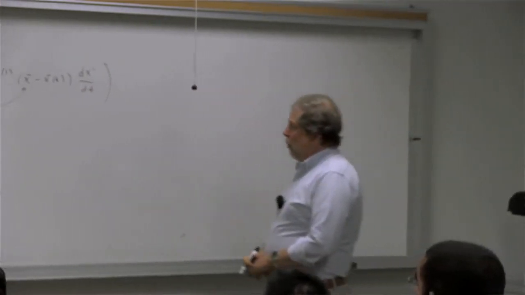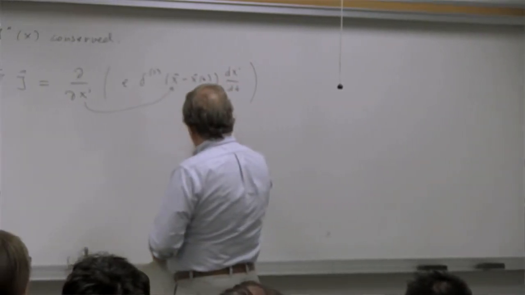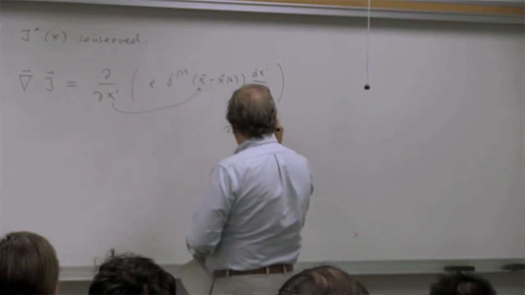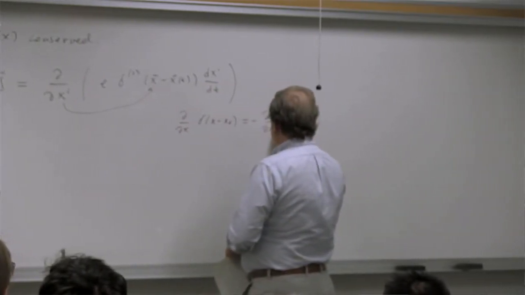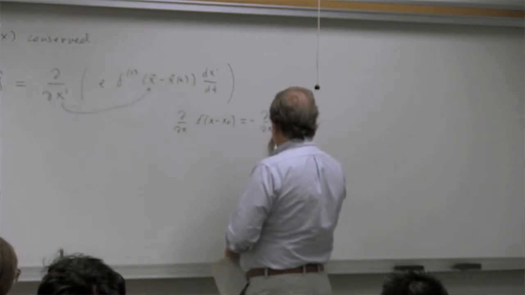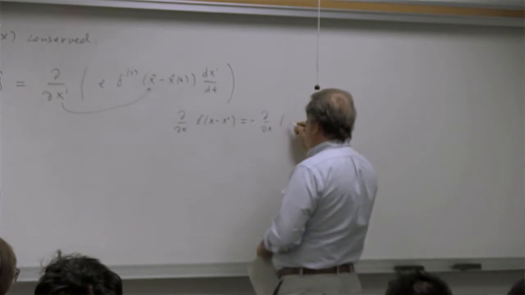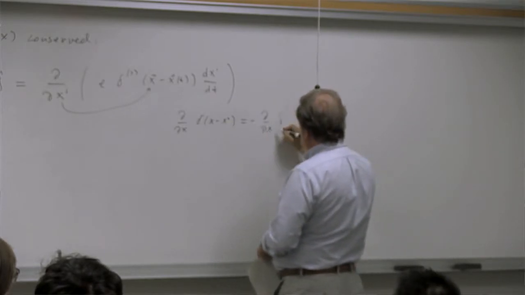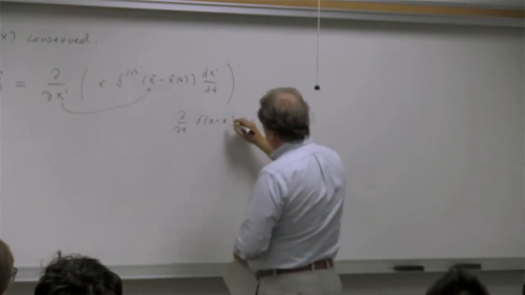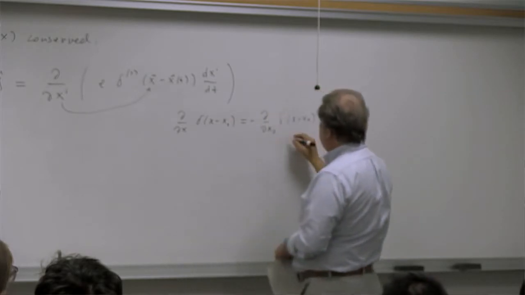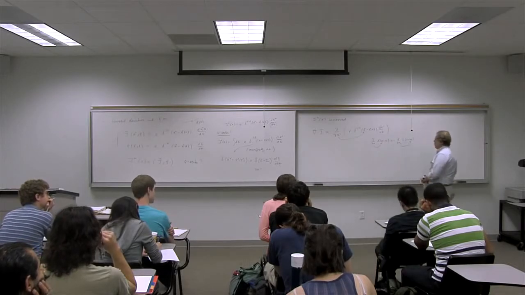And now what we're going to do is make it act on this one instead. So we use the fact that d by dx of delta of x minus x naught is equal to minus d by dx naught of delta of x minus x naught, where this derivative is with respect to the argument here, whereas in this first case it's with respect to the other argument.